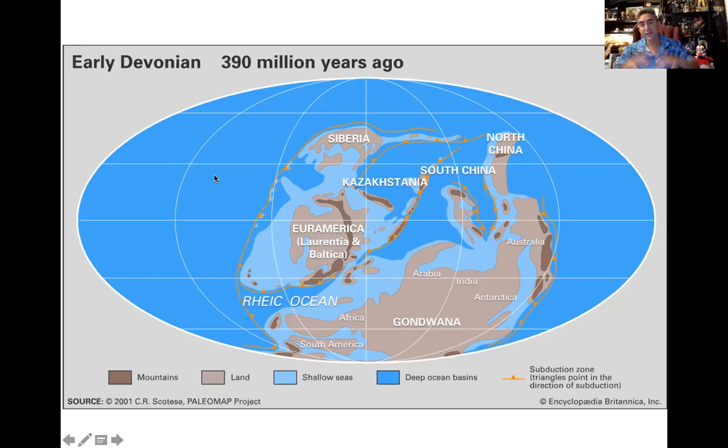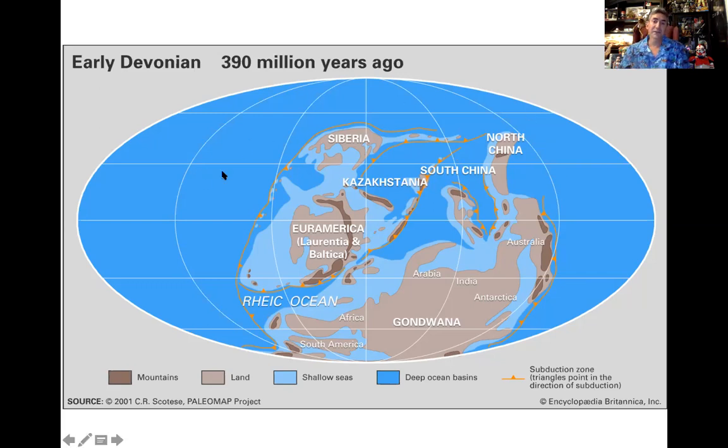Right? So we didn't have these big land masses, North America and South America and Europe and Africa. It looked something like this. So you notice, man, there's a lot of ocean and a lot of open ocean. You don't have a Pacific and an Atlantic Ocean. It's just this vast area of water.